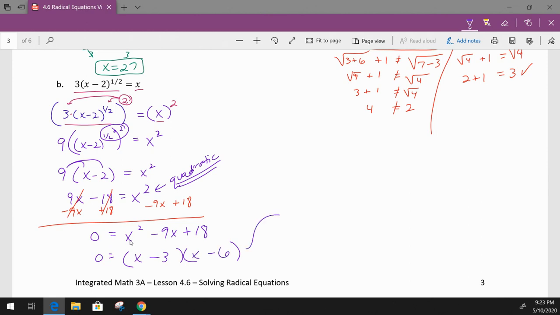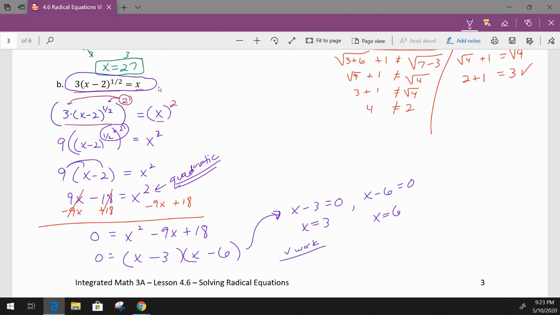So if we set each factor equal to 0, we will get 2 possible solutions of 3 and 6. So again, you need to double check this back into the original equation. So your original equation is right here. So this is my check work.